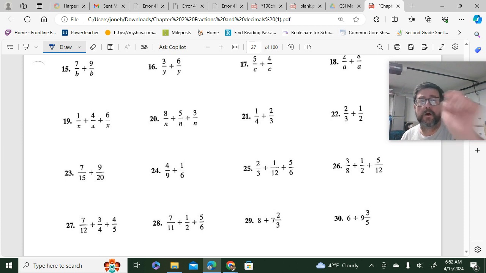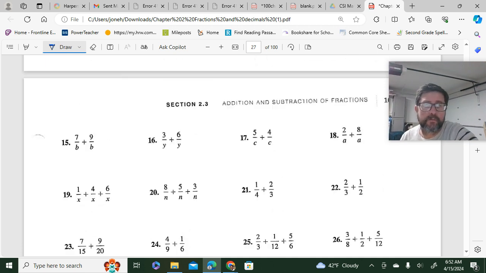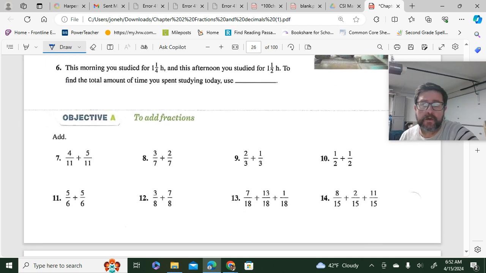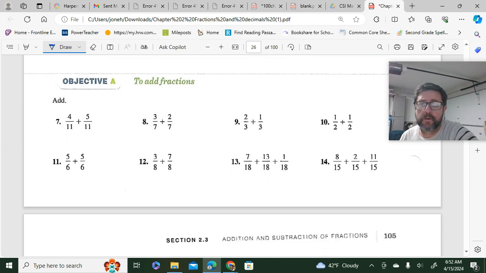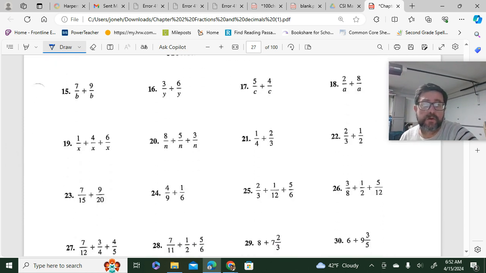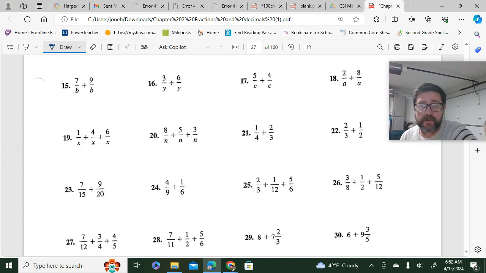Pause it and do it all. Now, you're going to find on number 15, did they tell you what B was up here? Nope, they don't say what B is. You have B the same on both, so you don't have to know what B is. You just have to do 7 plus 9 is 16 over B.